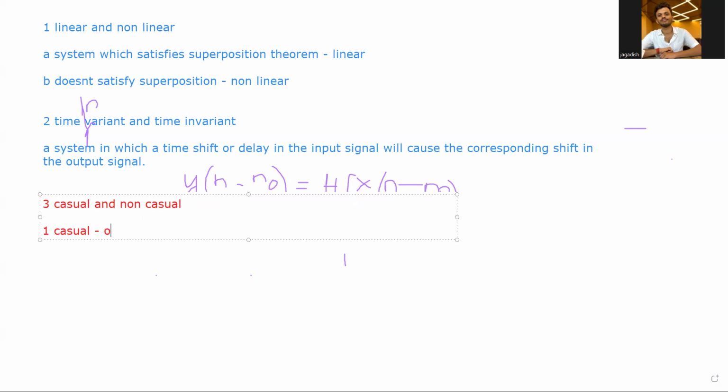In the casual system, the output of the system depends only on present and past inputs, but not on future inputs.